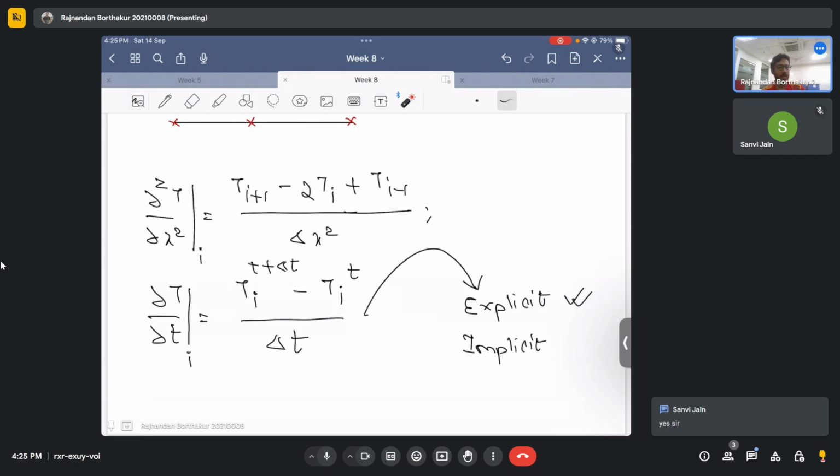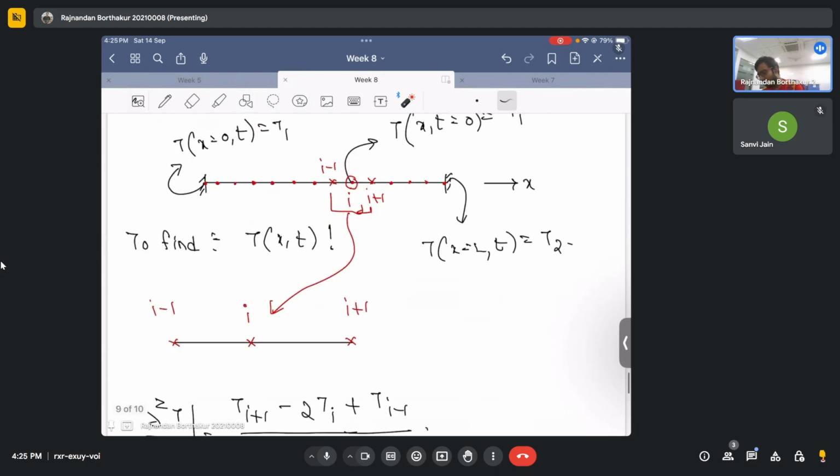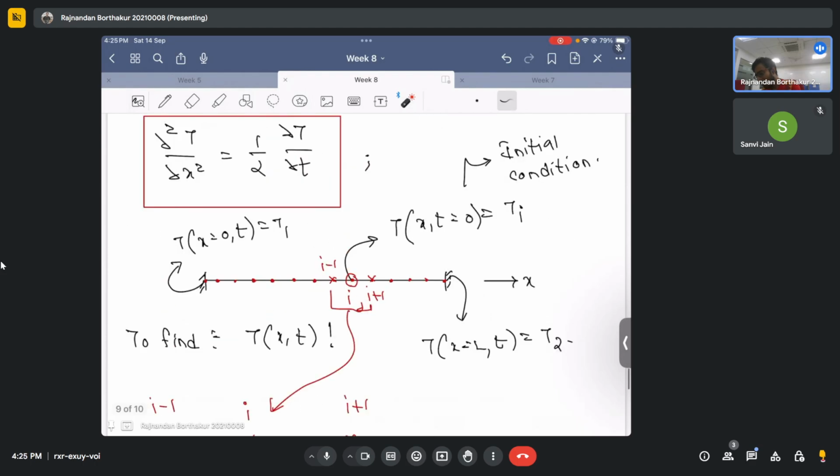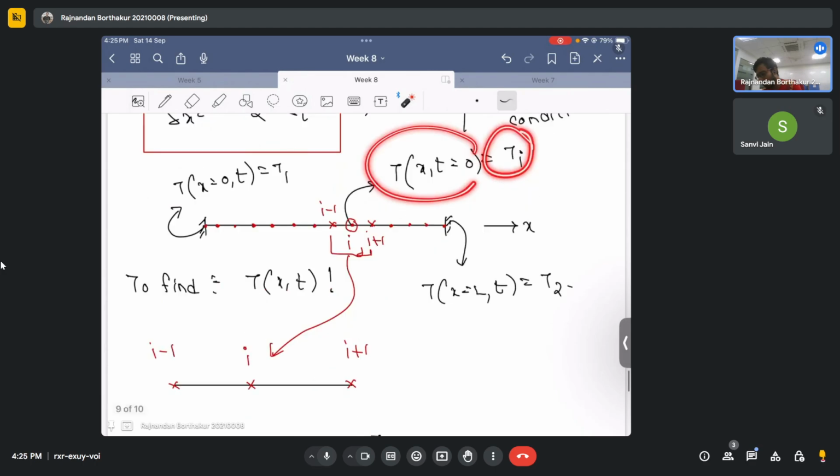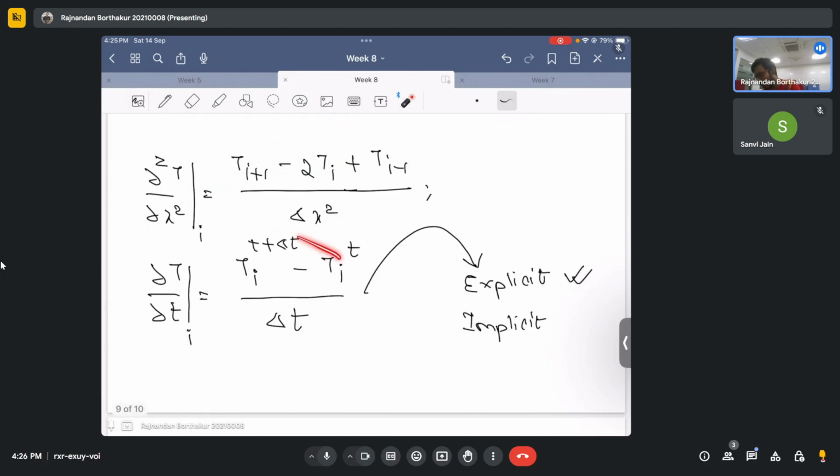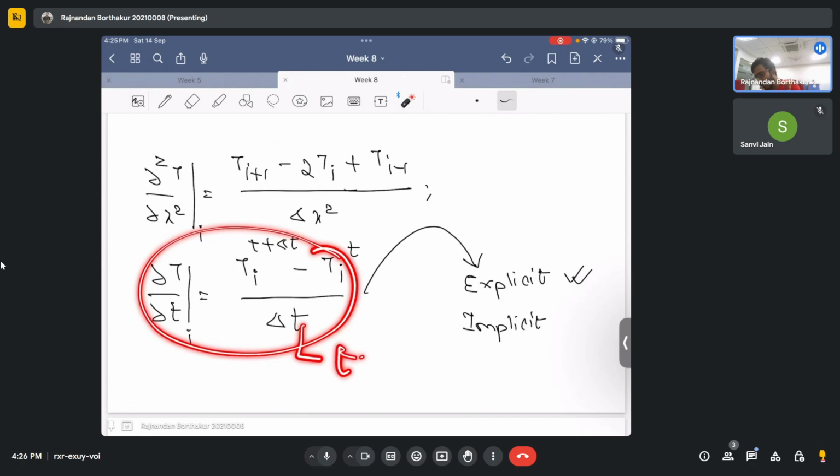So I would say explicit solutions are rather simple. Can you tell me why? I have already defined, let's say at time t equal to 0, that my temperature is Ti. So let's say we are evaluating this at time t equal to some 1 second.